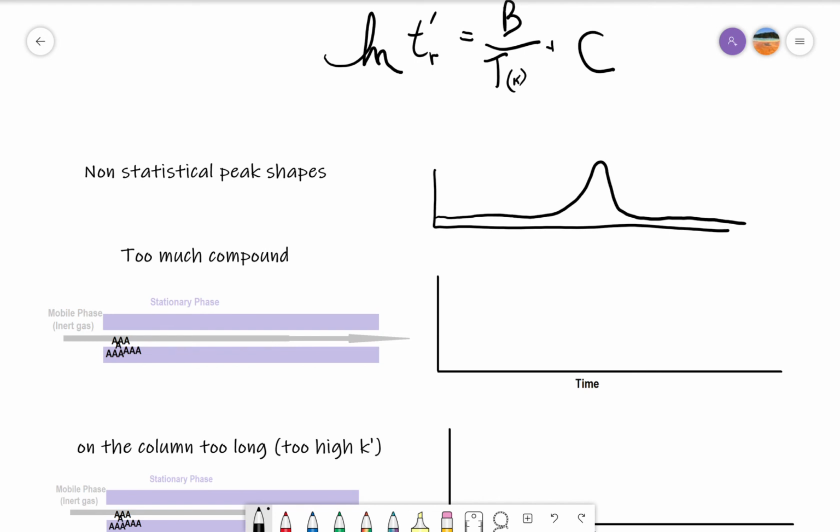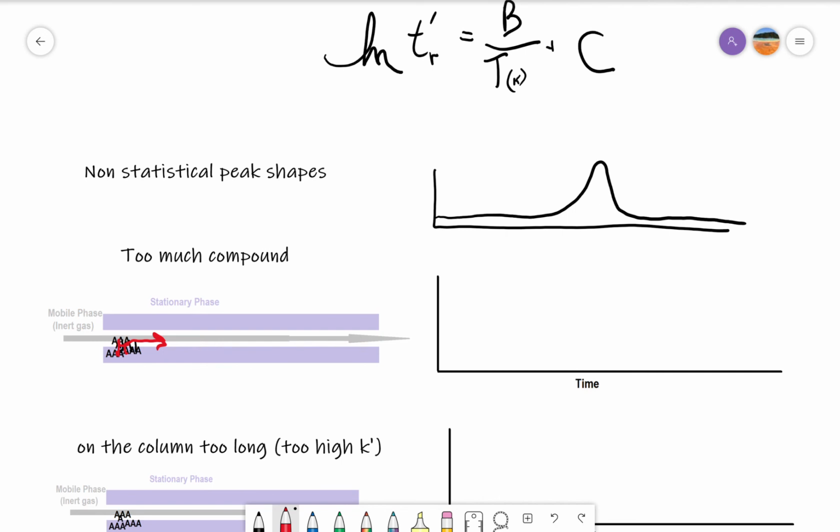But with too much compound, when the A tries to undergo equilibria with the surface, if the stationary phase is already saturated, you cannot undergo an equilibrium, and that compound is pushed down the column without getting a chance to interact with the surface.